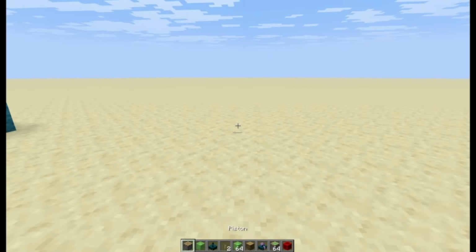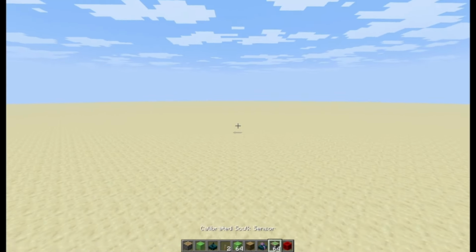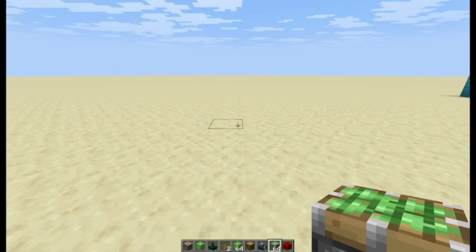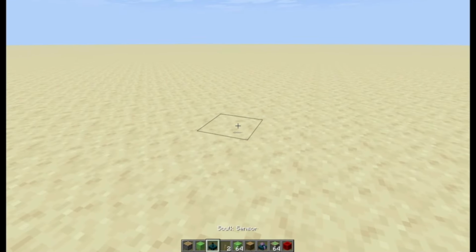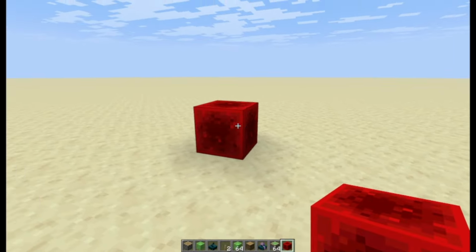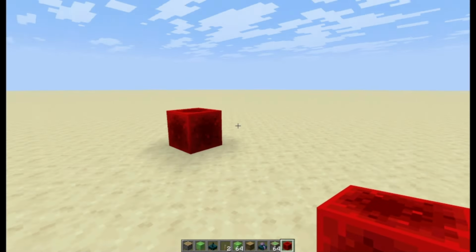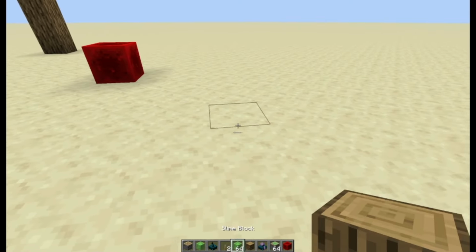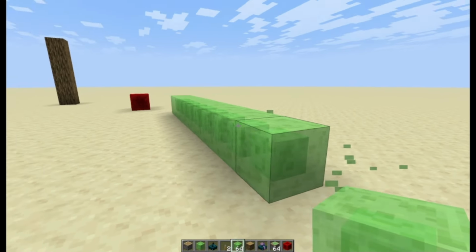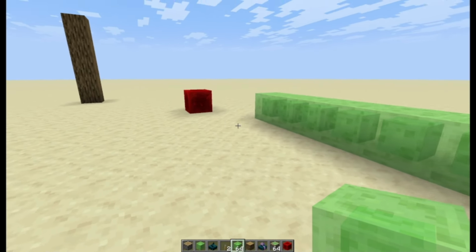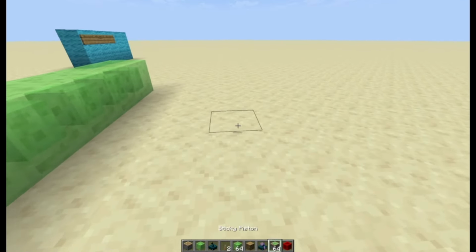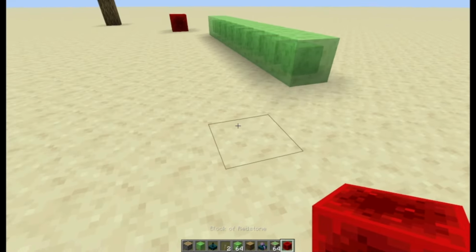So what would be the idea on what we could do to simulate some wireless redstone for a nerve? Because in a nerve, we have the axon, which receives an input. So let's have this block of redstone be the axon of one nerve, and then from there we're going to have our nerve, which will be these slime blocks that we're going to be creating, and then the head or the dendrite of this nerve touches the axon, which is the end of the previous nerve, which then ends in the axon over here.